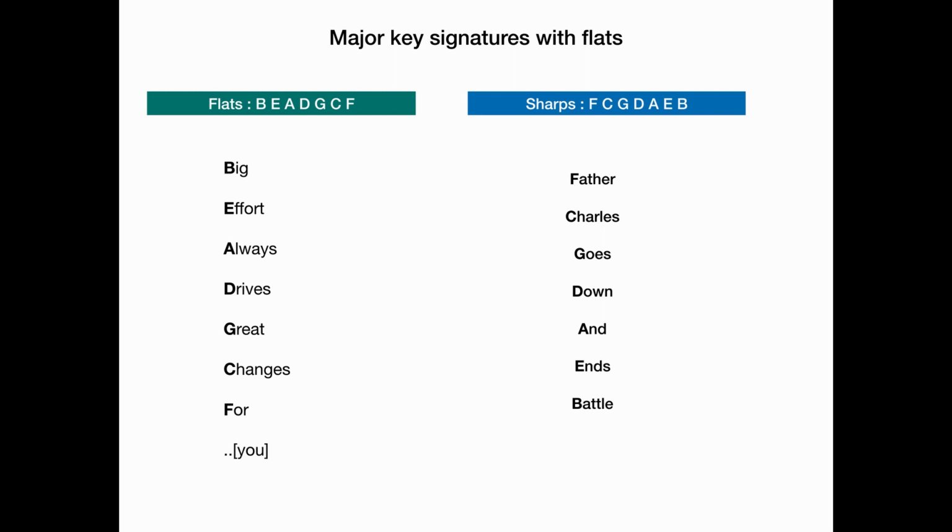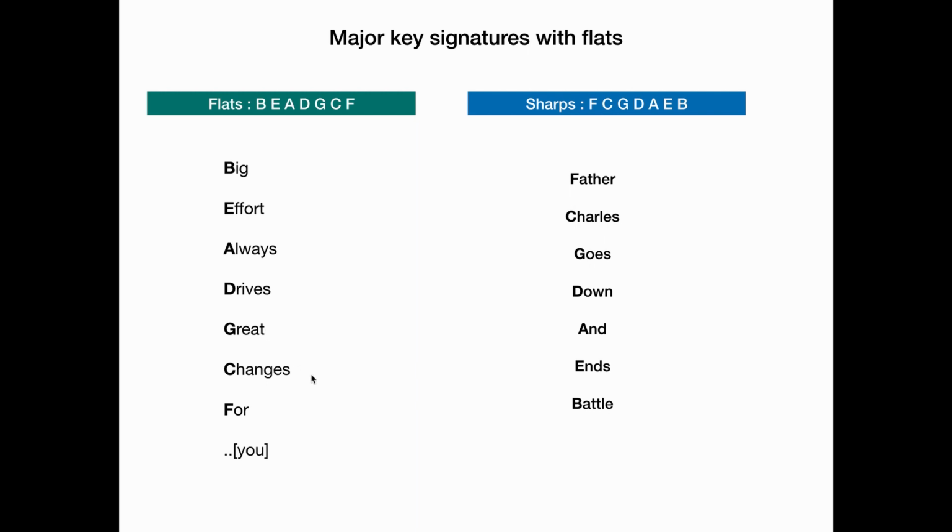And now to consider how we would go about writing major key signatures that feature the flats. We have another rhyme to remember the order in which flats are written, because just like the sharps, flats are always written in this order when featured on a key signature.